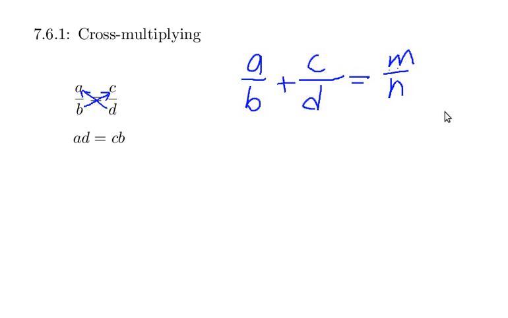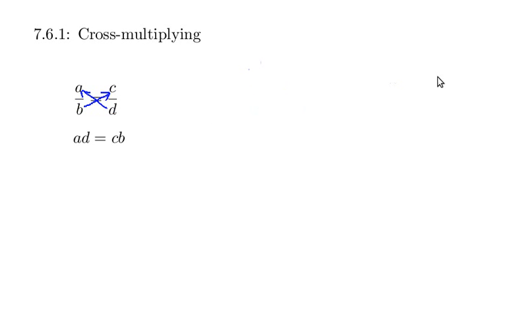Well, you can't cross-multiply here because you don't have a fraction equals a fraction. So just remember that when you're cross-multiplying, you have a fraction equals a fraction, and you're just moving the denominators up to the other side.